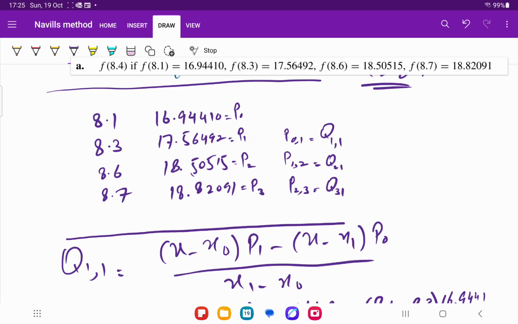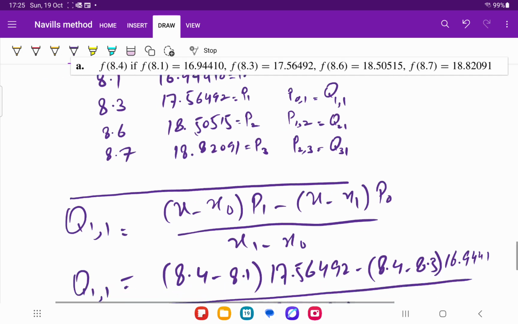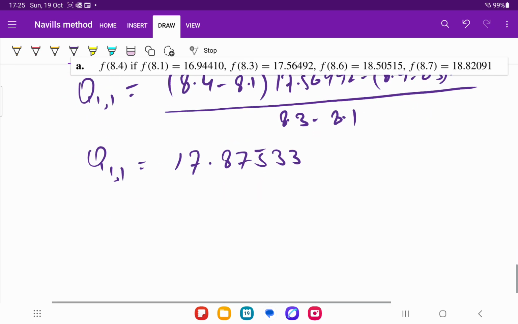That is the indication, that is giving you the direction of how you could calculate your further points. If you get the direction properly, you will not be lost. And the next one, P23, means you will be using x2 and x3.